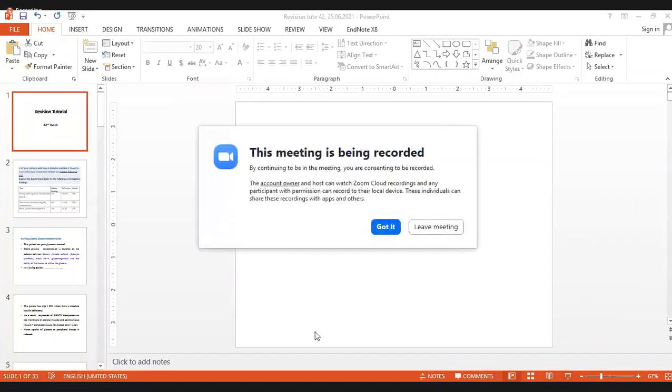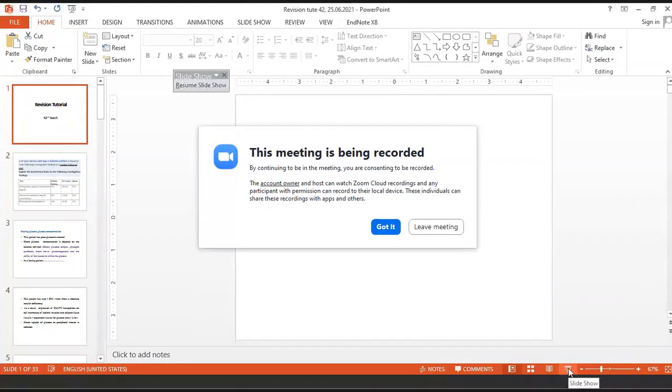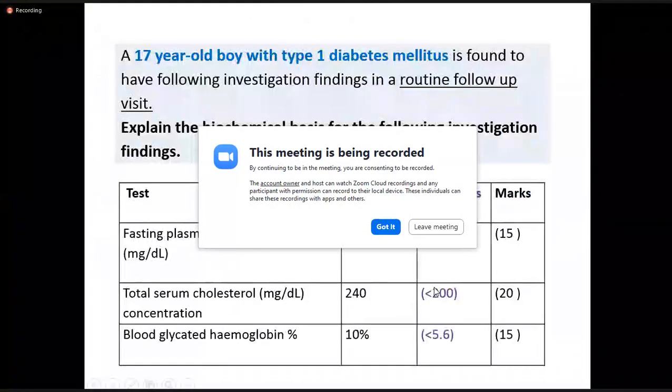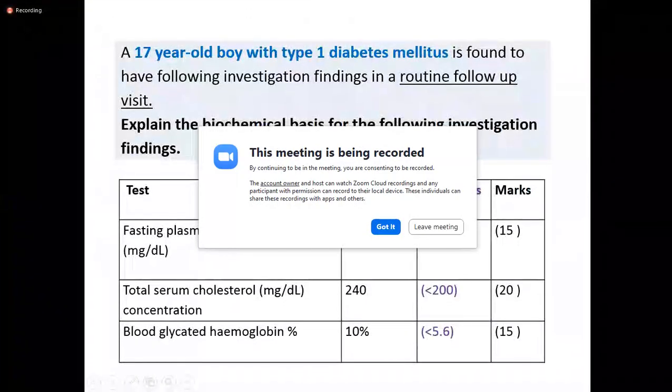Recording in progress. Okay, hope all of you have got the question. Can you see the slides?